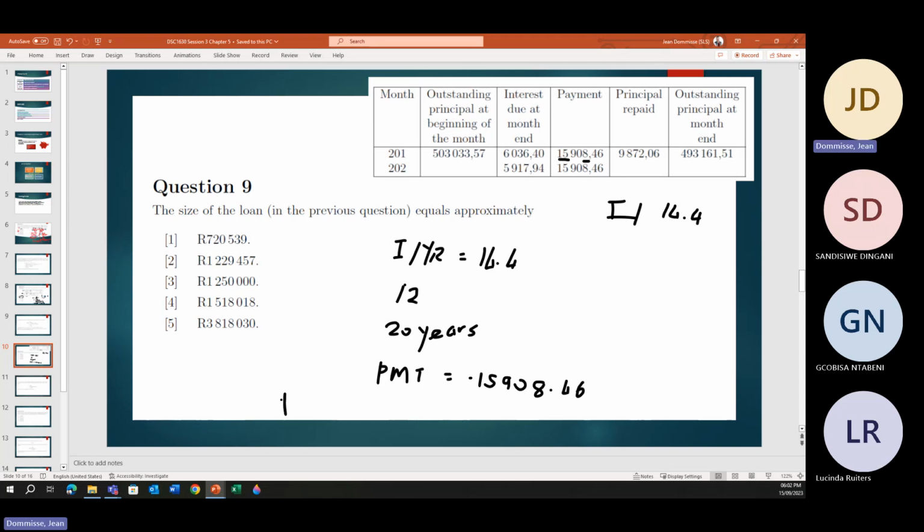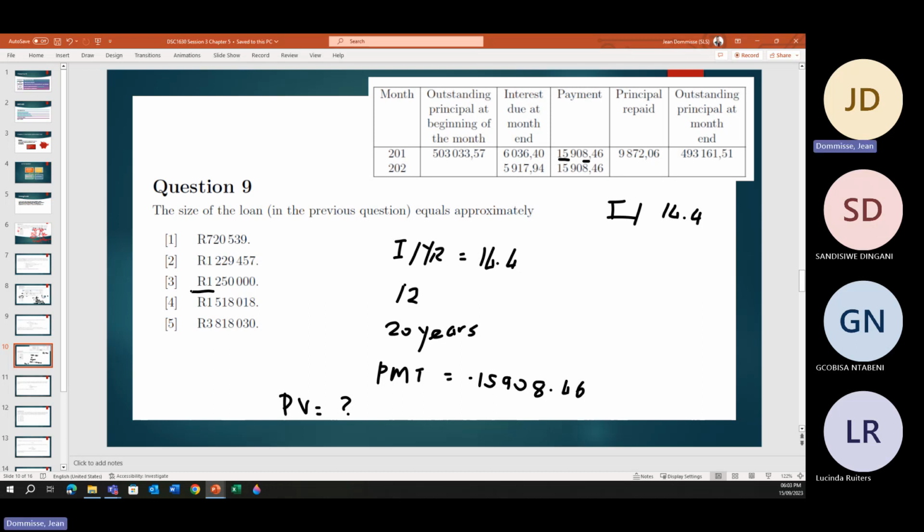So then to work out the present value, we have all the information. We just put in interest rate of 14.4%, 12 times a year for 20 years, put in the PMT, and then we calculate the present value. And then that value should be close to the 1.25 million.